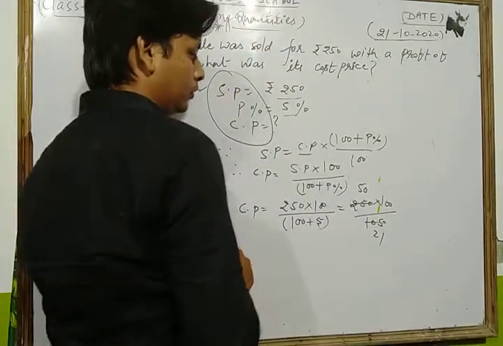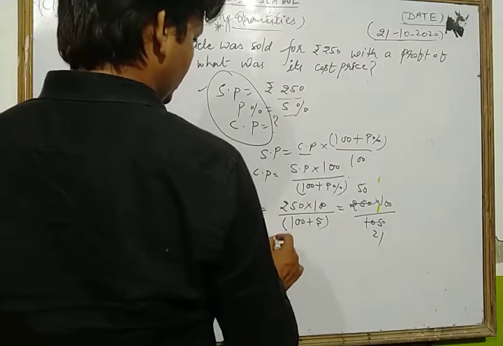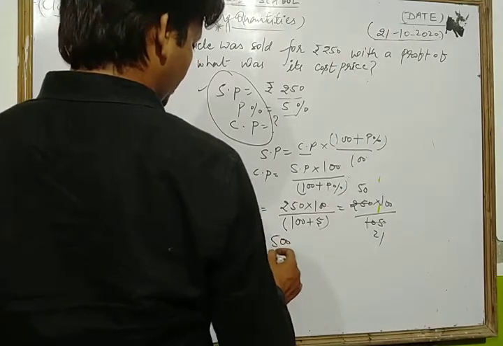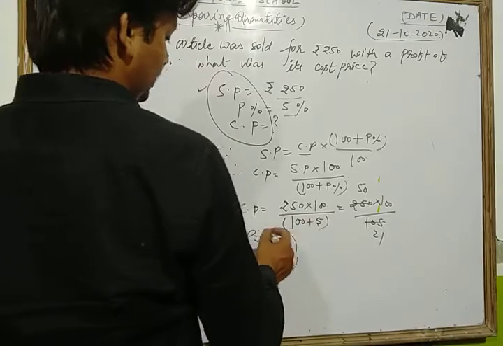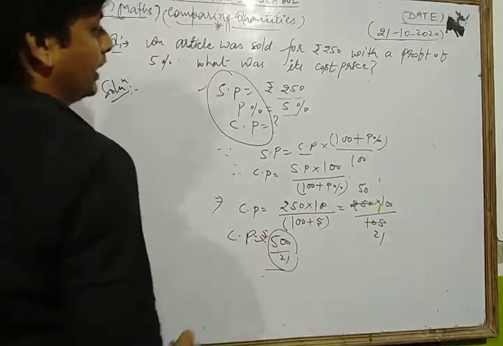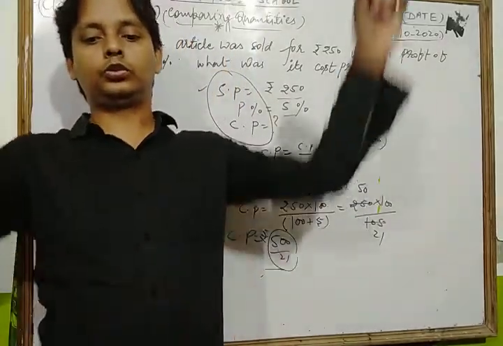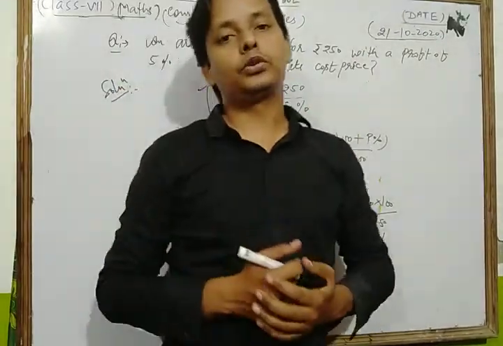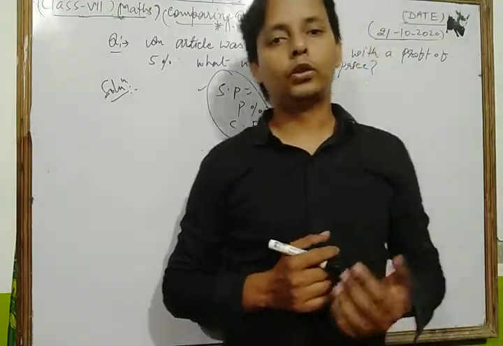So the cost price of that object is 500 upon 21. You can divide them easily. Thus, dear student, in this way you can solve each and every question of your NCERT exercise based on profit and loss.